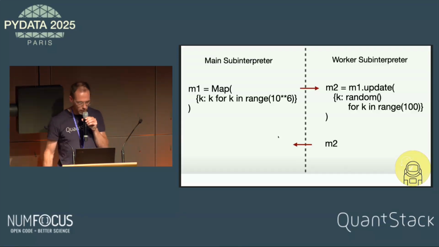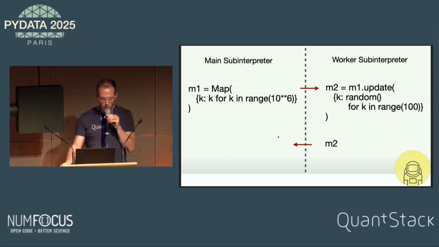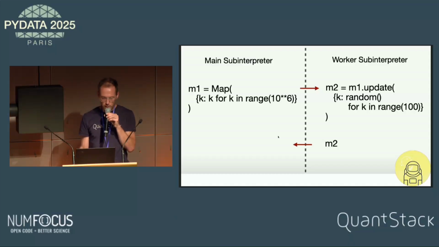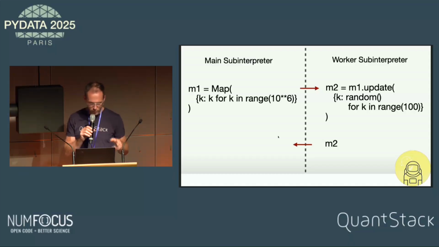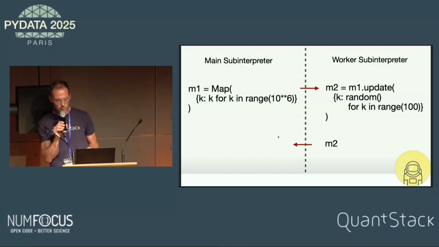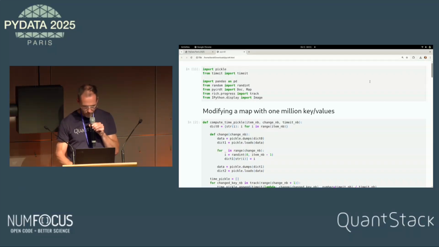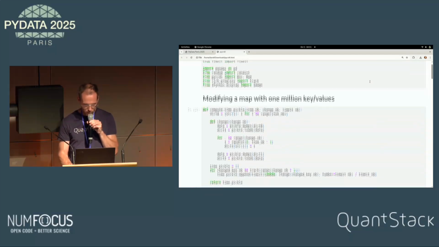So Yuri in his presentation used a very simple example to benchmark a little bit some performances when you have in the main sub-interpreter a map with 1 million key values and the worker mutating 100 of them. And I tried to replicate his plots.